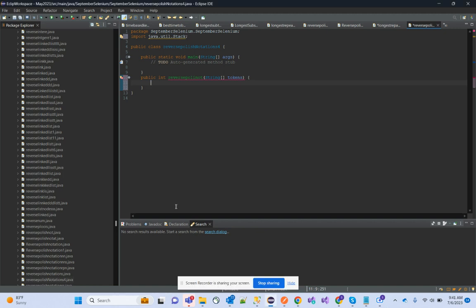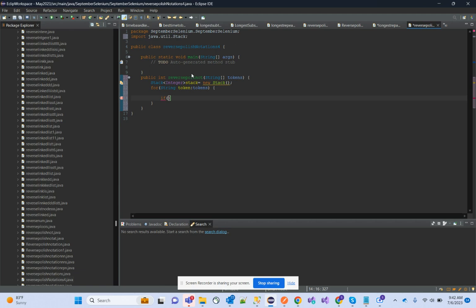Let me start coding. So I'm using the stack, and it's an integer stack equal to new stack. Then I'm iterating the string, for string token in tokens. There are 4 valid expressions we know.